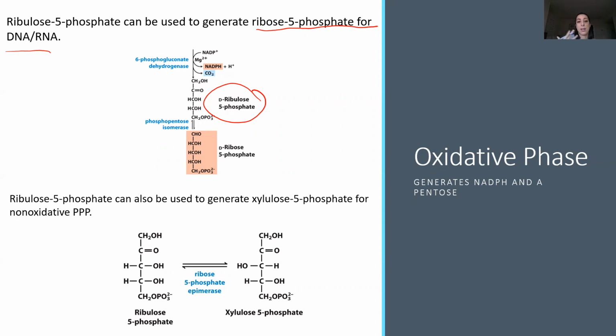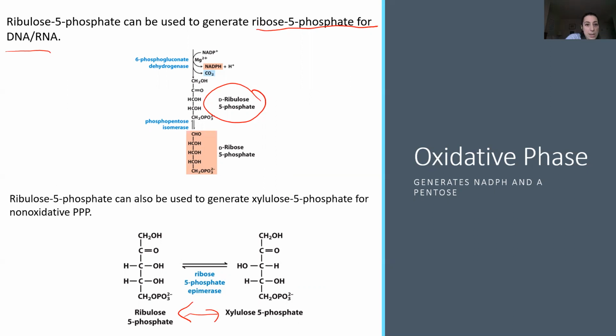So again, this is just a rearrangement of the molecule, and it is reversible. If you're generating xylulose 5-phosphate, then you've committed to what is called the non-oxidative phase. That's the phase in which we are then going backwards to build back up glucose 6-phosphate.